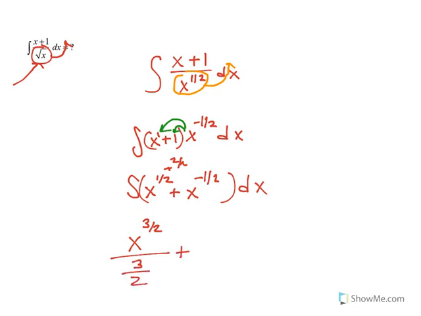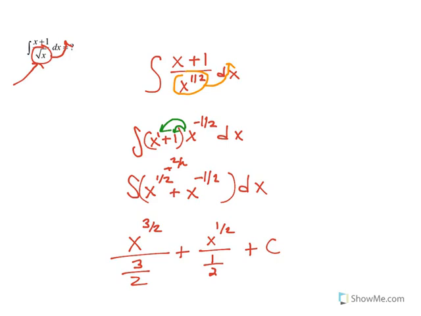Plus, we're going to add 1 to the negative 1/2. So again, like adding 2/2. So we're going to go up to 1/2 and divide by 1/2. And don't forget your plus c. And again, you could rewrite that as, instead of dividing by 3/2, that would be the same thing as multiplying by the reciprocal 2/3.